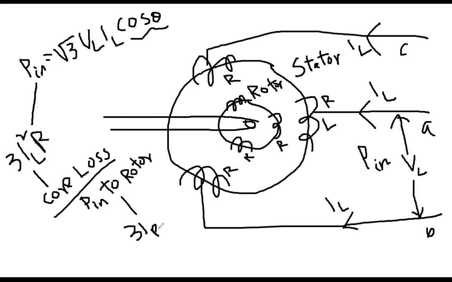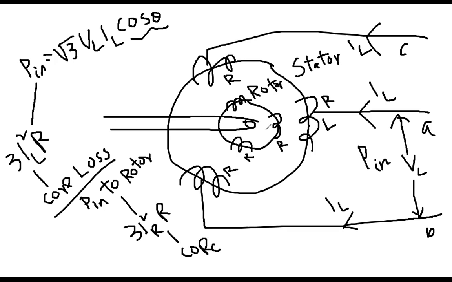Assume this is the rotor current, I R squared, whatever its resistance is. You subtract, and again this circular body is a core material, so it will again have core loss. You subtract the core losses from there. That is the core loss.